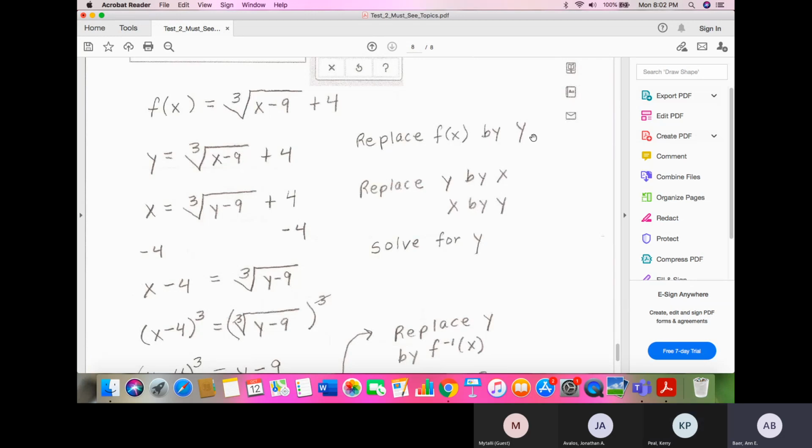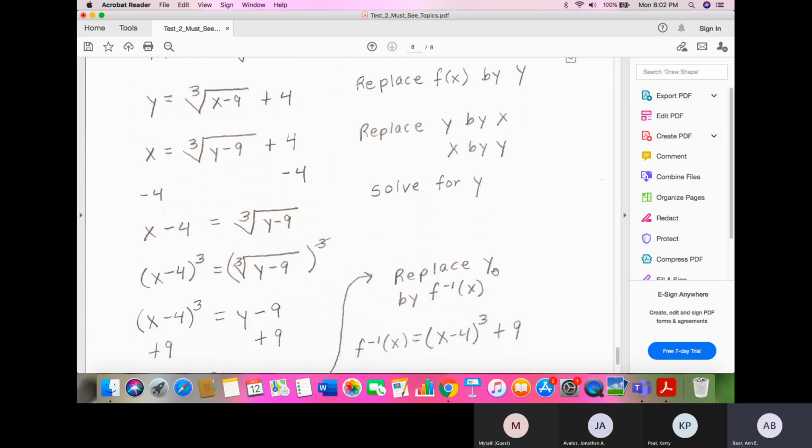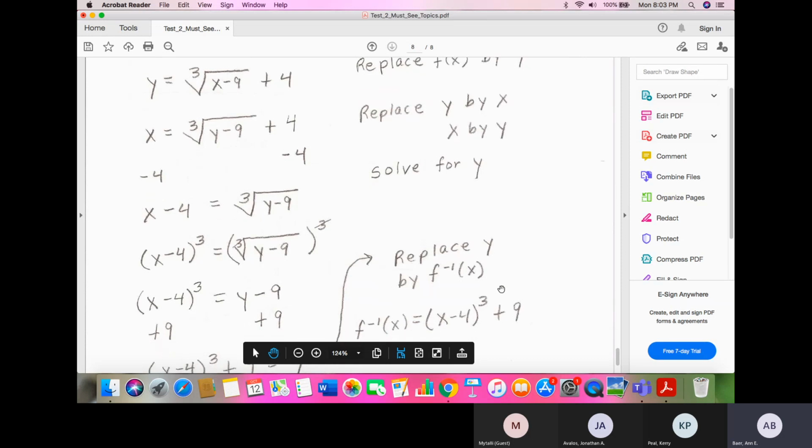And then what's really important when we're talking about the inverse of a function is that we switch the x and the y. So we're going to take the y and replace it by x, and also take the x and replace it by y, and then solve for y. And then we want to replace the new y by the f inverse of x notation.